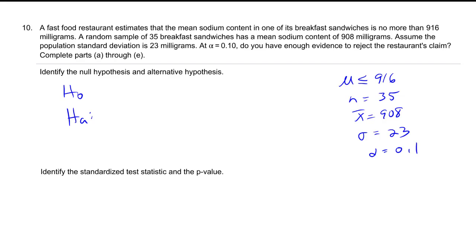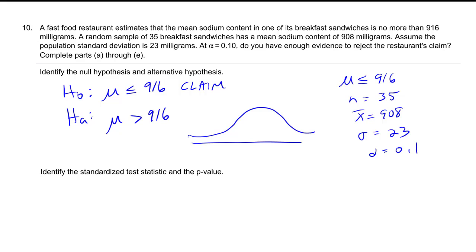Okay, let's set up. All right, so mu less than or equal to 916. It has the equal, so it has to be the null. Alternative then would be mu greater than 916. There's your claim. Okay, in these situations, we're going to look to the alternative to tell us what type this is. Since it's mu greater than, this must be a right tail.